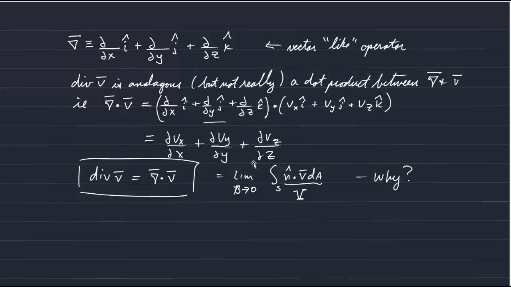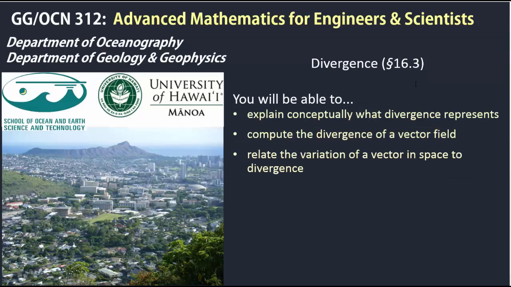Okay, and so this is the definition of the divergence, and this is how in practice we would compute it, and this way of computing it is specific to the Cartesian coordinate system. If we were working in a different system, we would calculate the divergence in a different manner, but this is how we would do it in the Cartesian system.